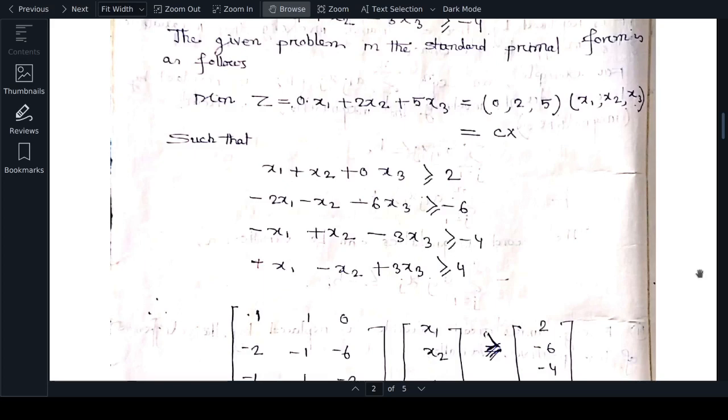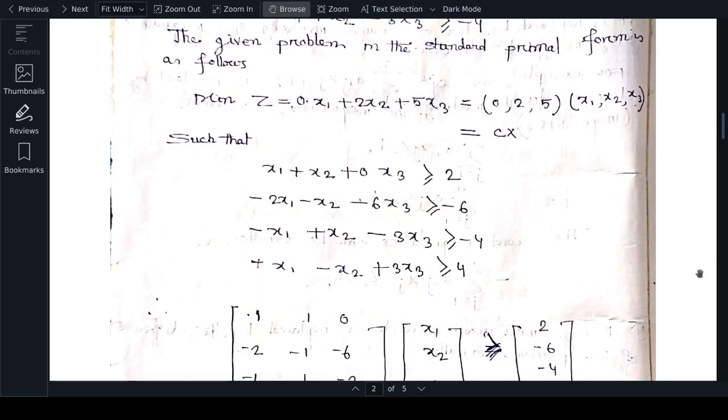Then you can give the name, this is c and this is denoted by capital X. Next, you write all the constraints. The first constraint remains the same: x1 plus x2, x3 is absent, so 0 into x3, greater than or equal to 2. Minus 2x1 minus x2 minus 6x3 greater than or equal to minus 6.